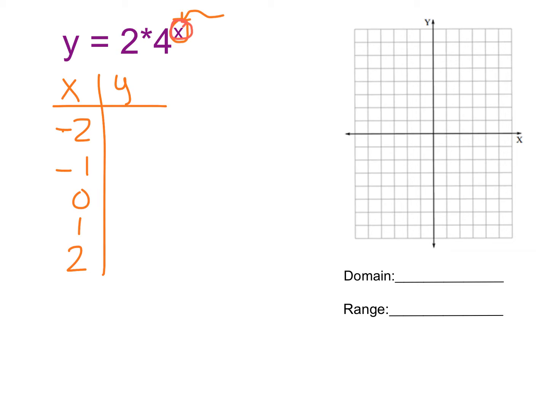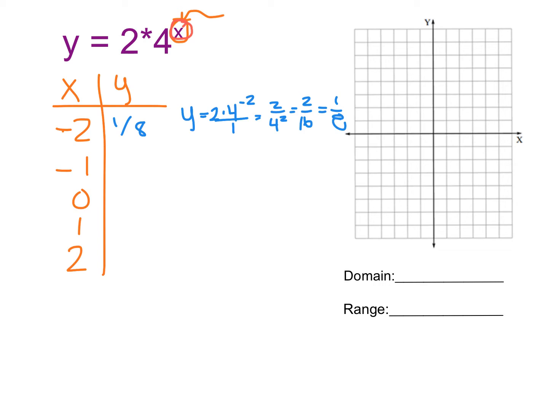Now I'm going to have to use my knowledge of exponent properties to help me here in order to find an accurate answer. So if we start here with -2, we have y equals 2 times 4 to the power of -2. Now if we remember, we can make any exponent positive by flipping it into the denominator. So we have 2 over 4 squared, which is 2 over 16, which is 1/8.